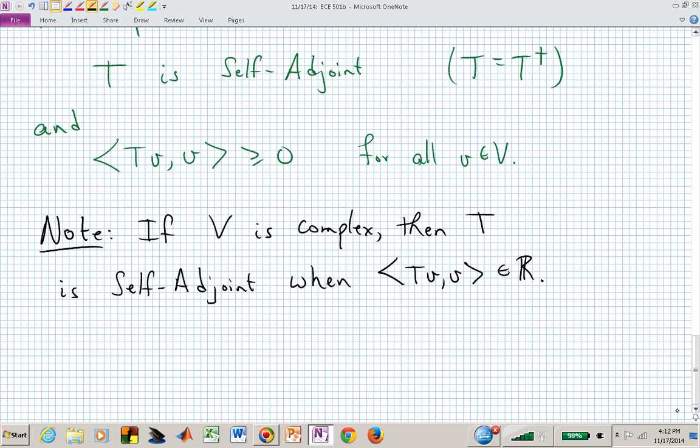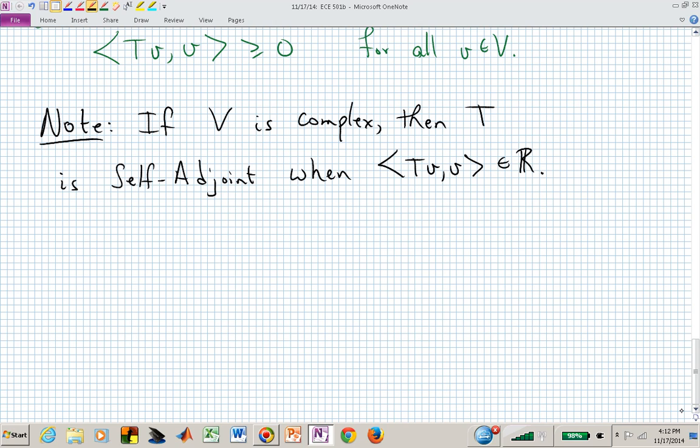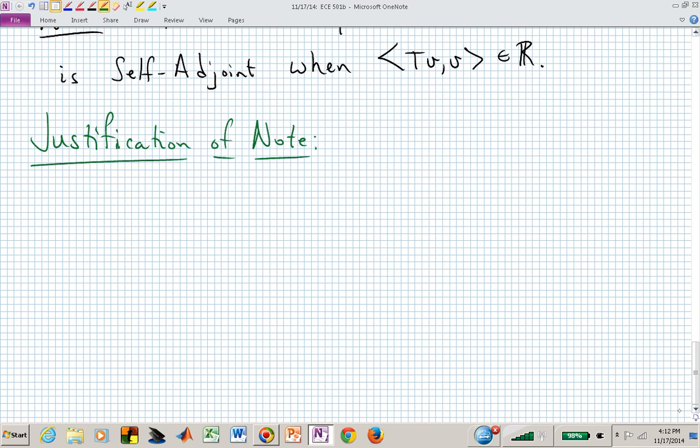So if you form this inner product of TV with V and it becomes real for all V, then you know that that linear operator is actually self-adjoint. Since we're good at justifying these or proving these things, let's just convince ourselves that indeed that's true.